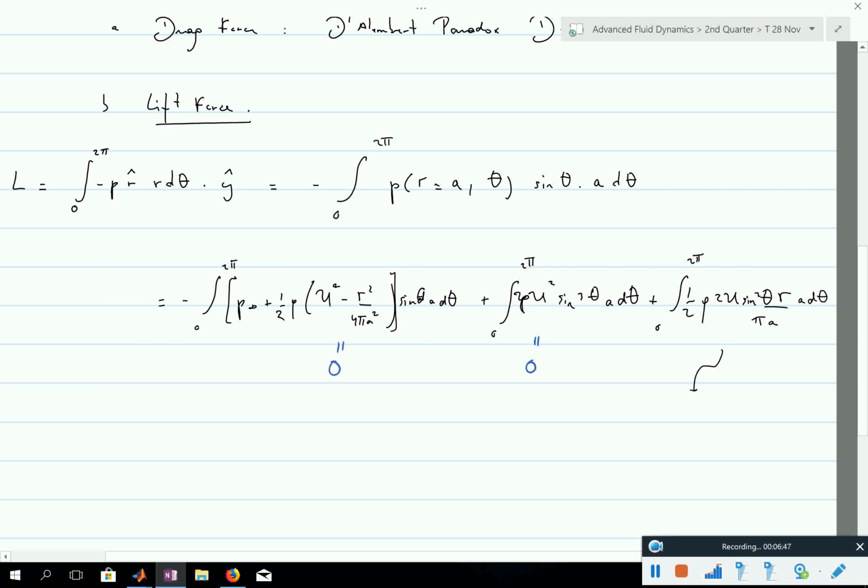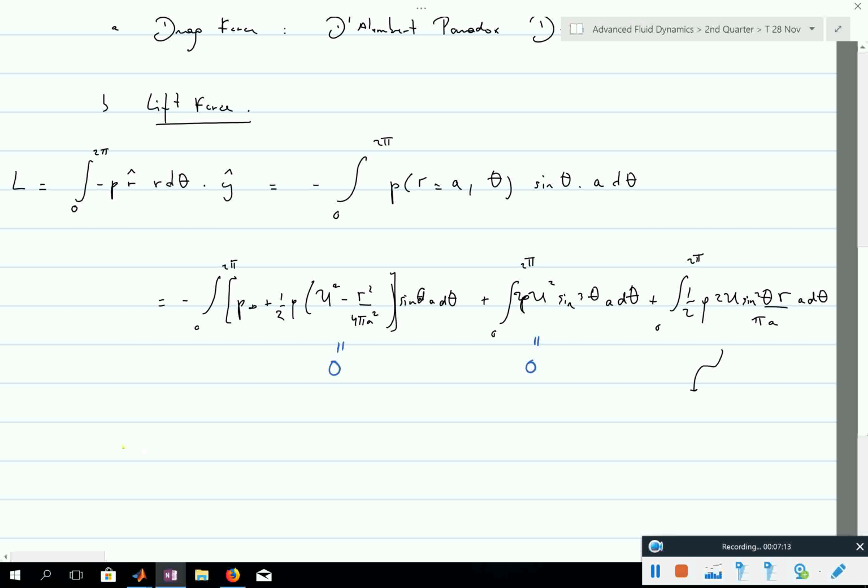Now this one has a sine squared, so this is always going to be positive between 0 and 2π. So the average value of this function over 0 to 2π is going to be 1/2. Think about integrating 1/2 between 0 and 2π. It gives you 2π times 1/2, so the whole integration gives you π. So the π cancels out with this one, A cancels out with this one, 1/2 with this 2, and you're just left with ρUΓ.